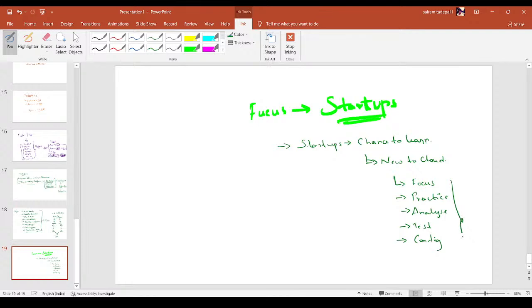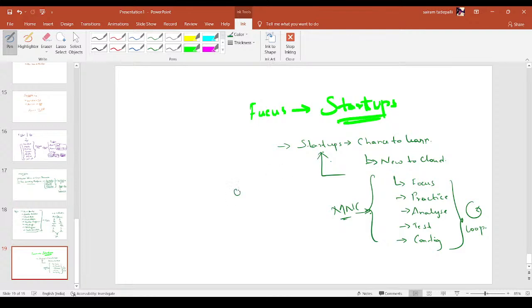It is a loop, a continuous process. If you are in an MNC, you can't do all this stuff. If you are in a startup, only then can you do these kinds of things.